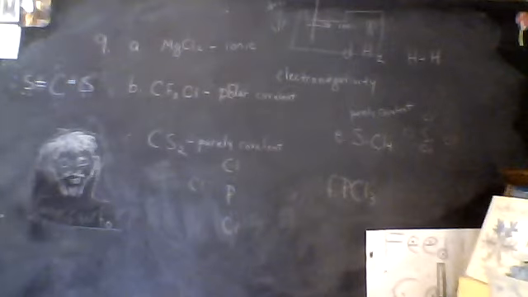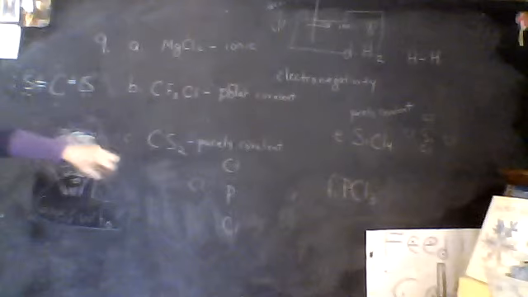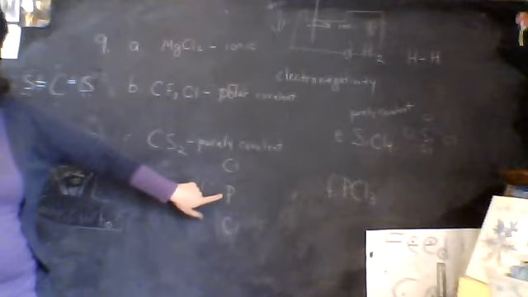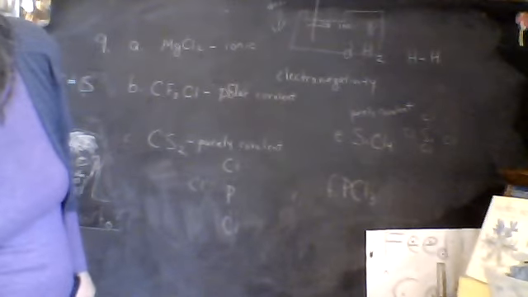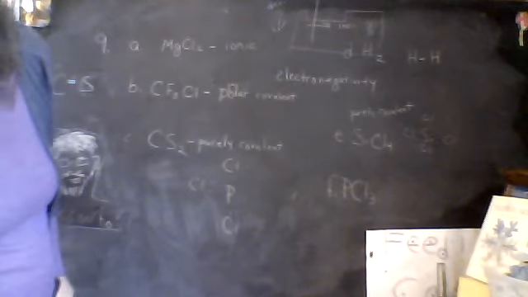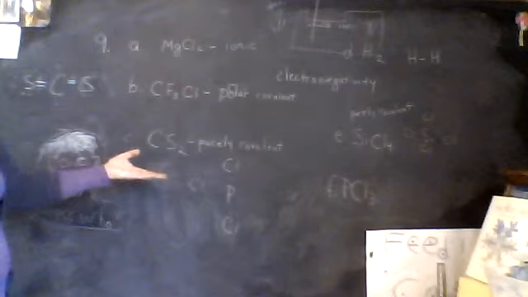What do you think, though? No, it's clearly polar covalent. It is. It's going to be polar covalent. Why? Because there actually isn't anything pulling evenly on this, right? Yes. Okay. Yeah, so it's going to be polar covalent.